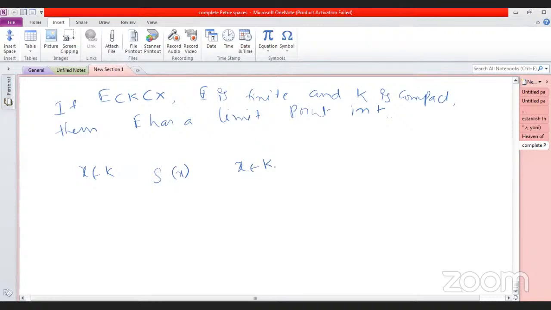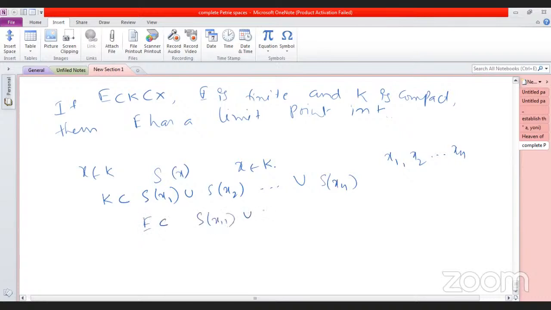Already open cover means K, and open cover means it's compact. So therefore, for the open cover, we are writing here x1, x2 and so on xn. So therefore, K is a subset of Sx1 union Sx2 union and so on Sxn.